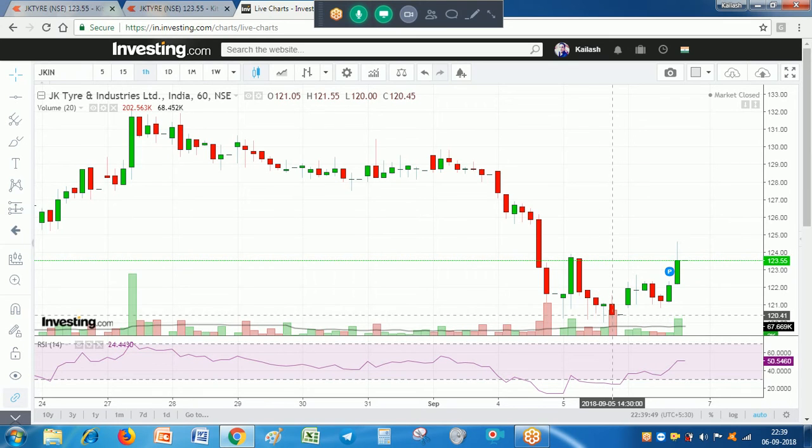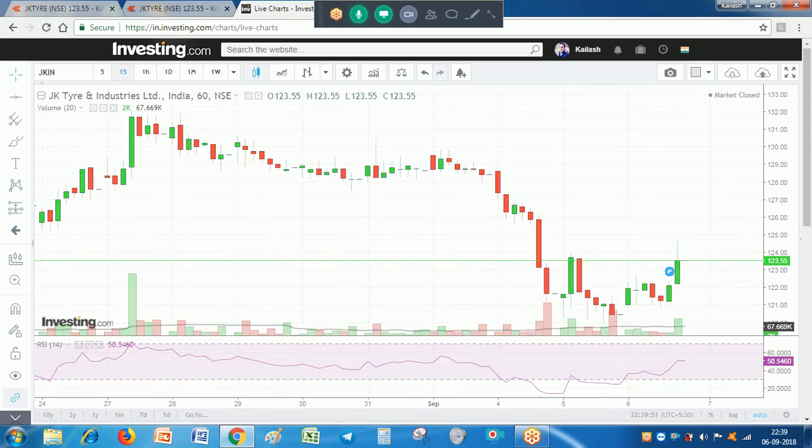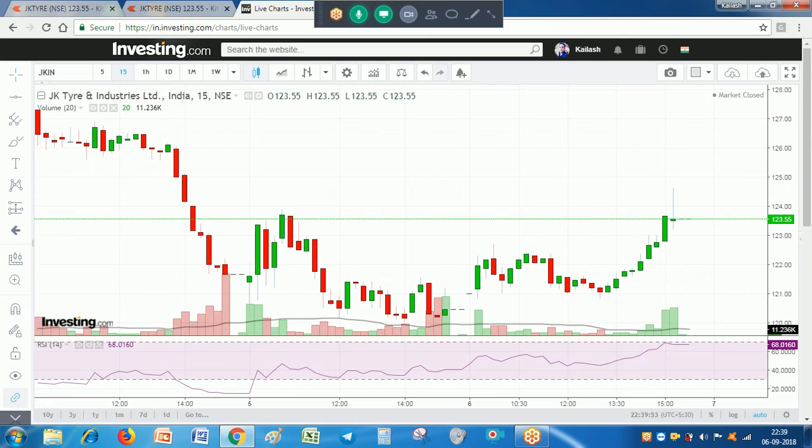Friends, look at this. If someone has bought today, it's today's chart actually. Today it has given a gap opening also. Yesterday's close was here at 120, and it has gapped up and opened at 121.